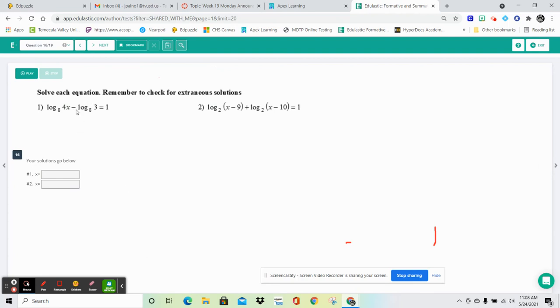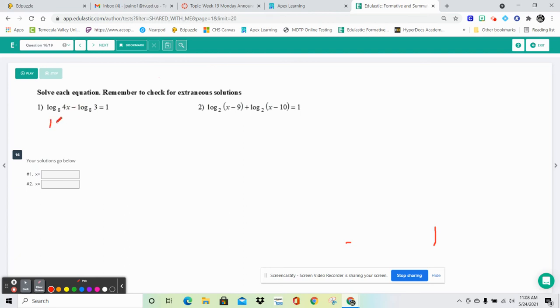Solve each equation. When we're solving log equations, you want to isolate the log and then rewrite it as an exponential. Here we have 2 logs we're subtracting. When you're subtracting logs, you condense it as 1 log by using division.